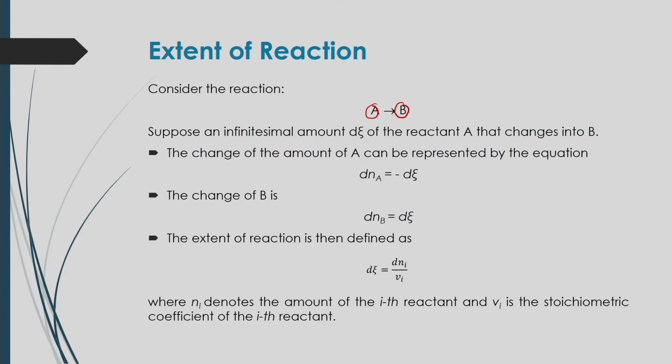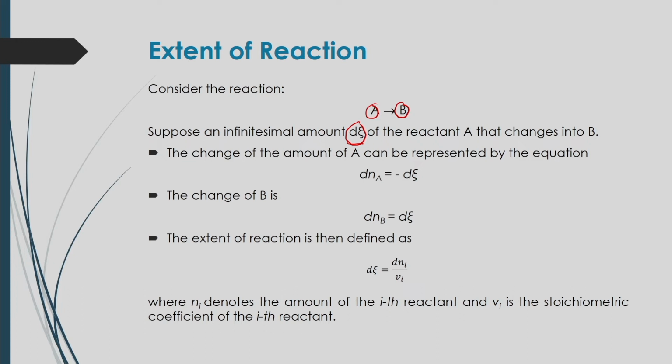So, in this case if you assume that an infinitesimal amount d xi, some d xi amount of that reactant A, changes into B. So, we are considering that some amount of A is converting to B, and that amount of reactant is denoted by this d xi.